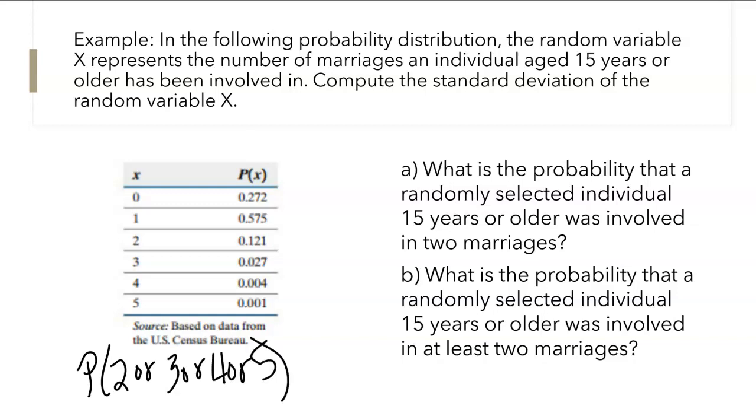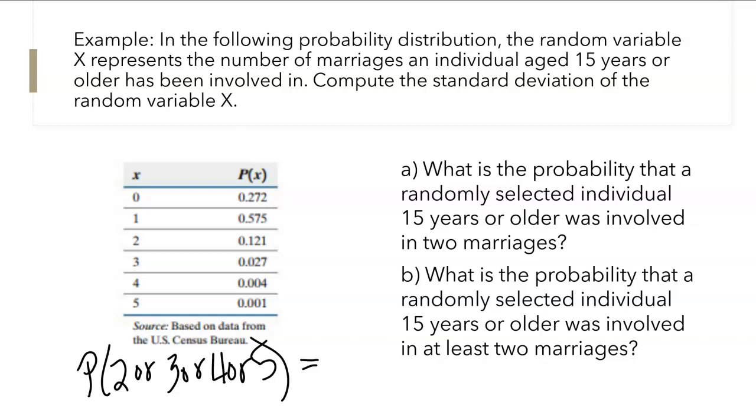Well, remember what OR probabilities mean. And if they are disjoint, how do you deal with them? Well, OR probabilities mean you add the probabilities. And if they're not disjoint, then you would subtract out the overlapping portion. But in this case, each of these events is disjoint, because having 2 marriages and 3 marriages is not the same, and there's no overlapping between that.